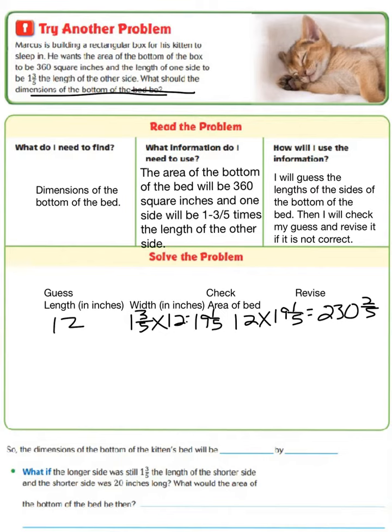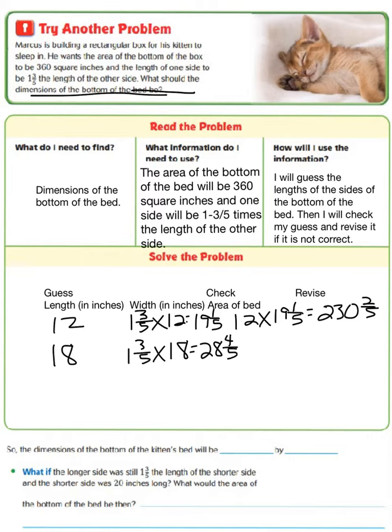So now we need to try a longer length. So let's bump it up a little bit and let's try 18. So we'll take our 18 and we'll multiply it by our 1 3/5. And that's going to give us 28 4/5.